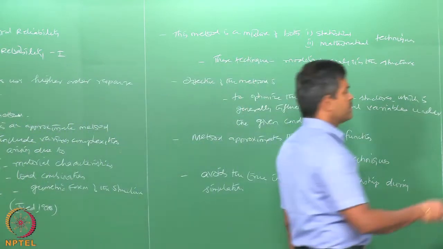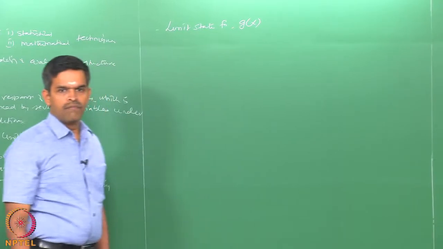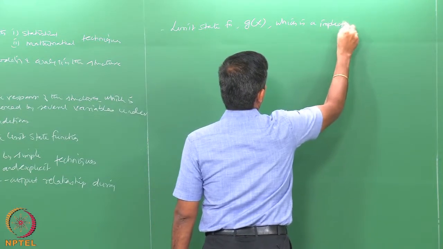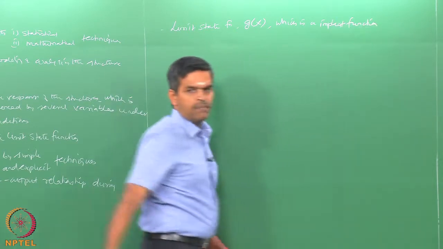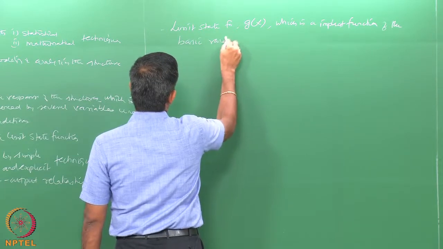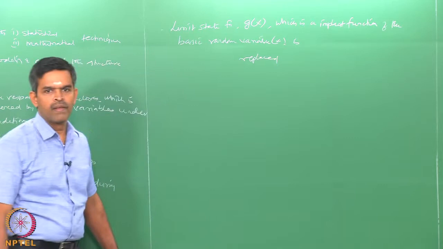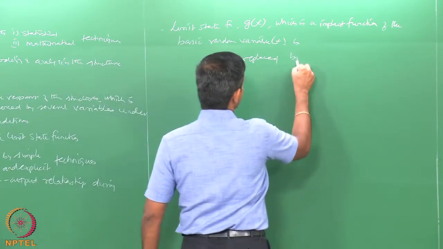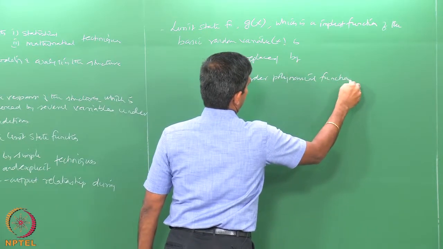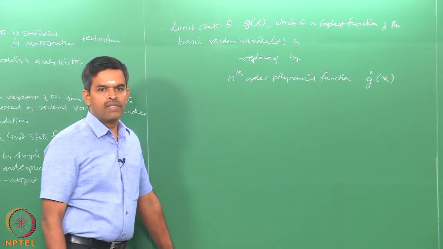Now, the limit state function g of x, which is an implicit function of the basic random variable x, is replaced by an nth order polynomial function, which is g hat of x, with undetermined coefficients.